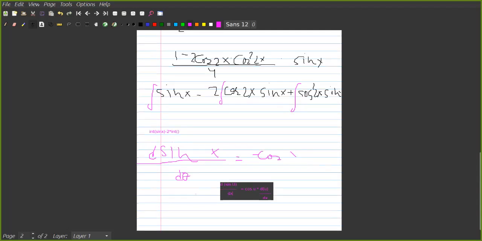So then this would be cosine of 2x. Oh, let me do this down here.